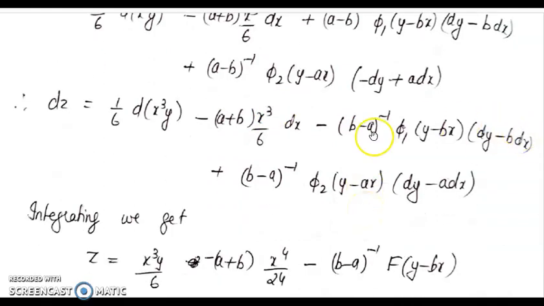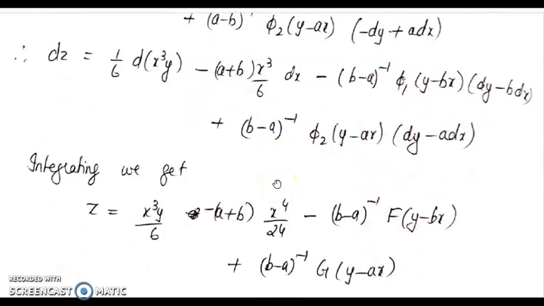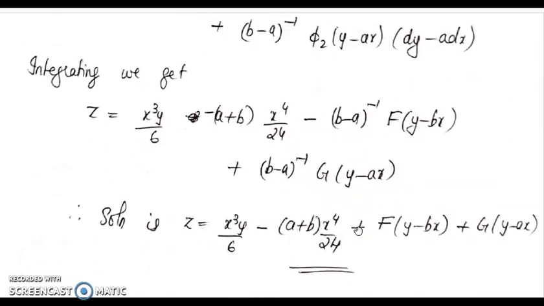And this entire term, the integral, that will be b minus a whole inverse into an arbitrary function of y minus bx വരും. ഈ ടേമും അതുപോലെ തന്നെ ലാസ്റ്റ് ടേമിൻ്റെ ഇൻ്റഗ്രലും b minus a whole inverse arbitrary function of y minus ax. ഇനി ഒന്നെങ്കിൽ you can leave the solution in this form, അല്ലെങ്കിൽ you can write in this way also because arbitrary constant ആണ്. So you can write as f of y minus bx and g of y minus ax. So this is the required solution.